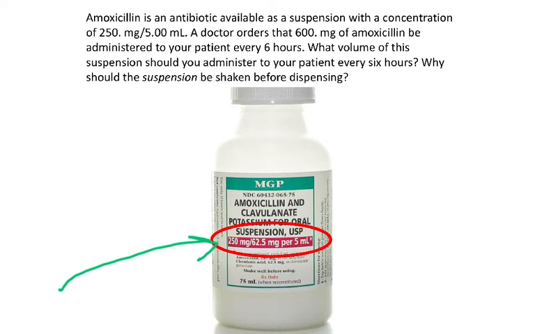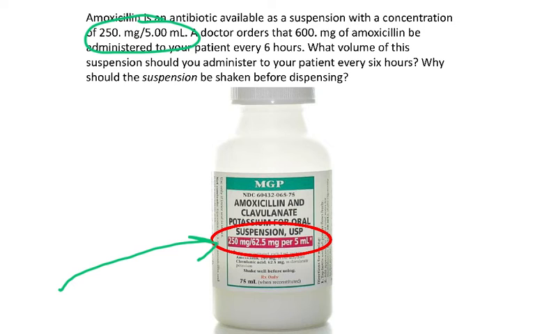I'm not sure if I'm saying that correctly, but that's okay. So 250 milligrams per 5 milliliters is the concentration of amoxicillin in this suspension. The doctor orders 600 milligrams of amoxicillin should be administered to your patient every 6 hours. What volume of suspension should you administer to your patient every 6 hours?